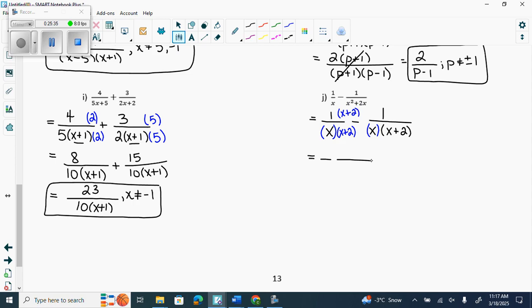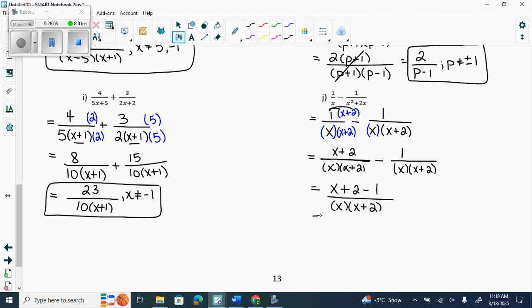So I have x plus 2, and then I get x plus 2 in the numerator, minus 1 over x plus 2. And so I get x plus 2 minus 1 over x plus 2.